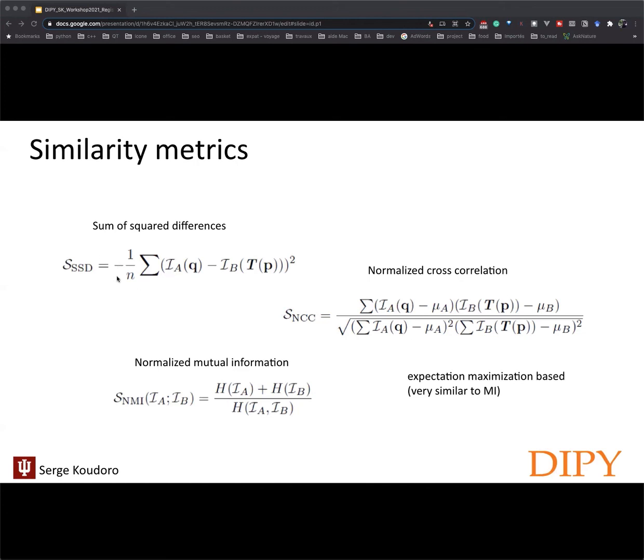Here you can see some of the most common metrics that you can find in medical imaging: the sum of squared differences, normalized cross-correlation, normalized mutual information, or expectation maximization based. We will go through all these metrics in detail in part 2.